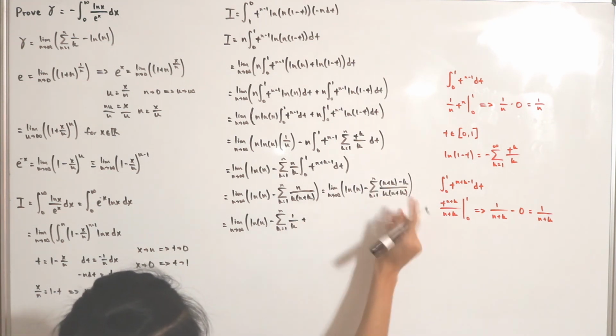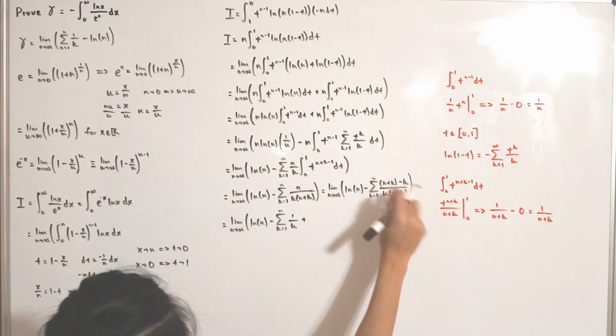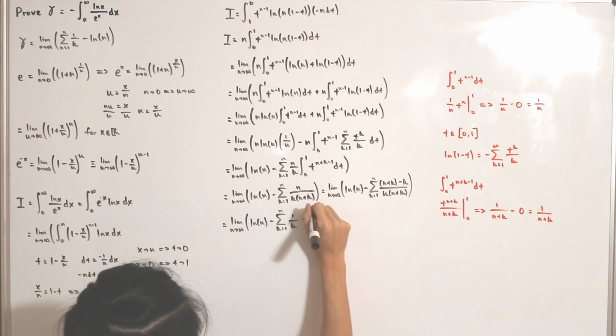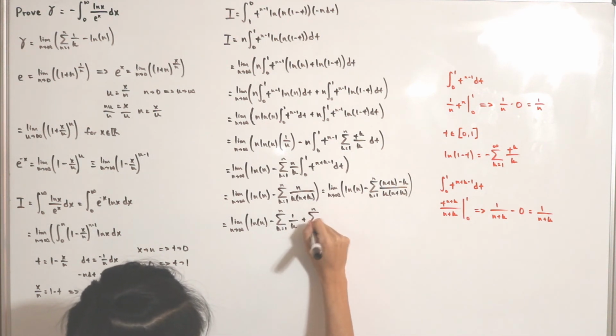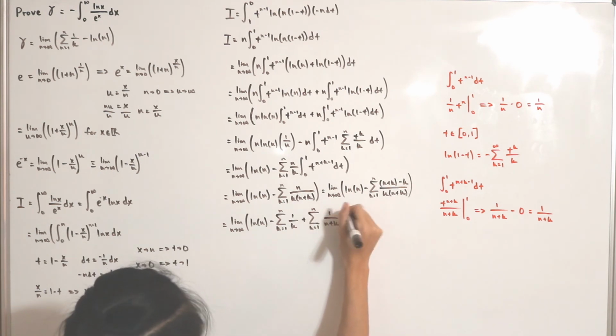So this is the summation, and these k's will cancel, and then we're left with the summation from k equals 1 of 1 over n plus k.